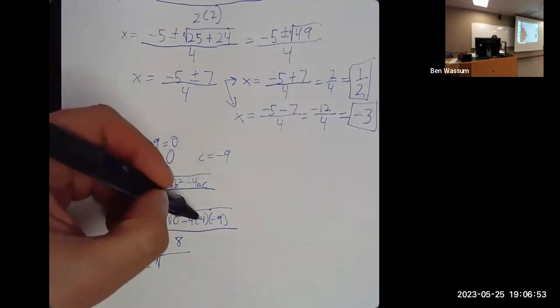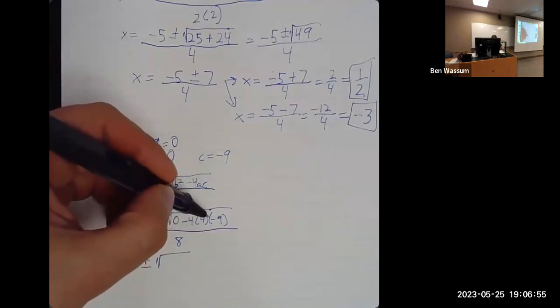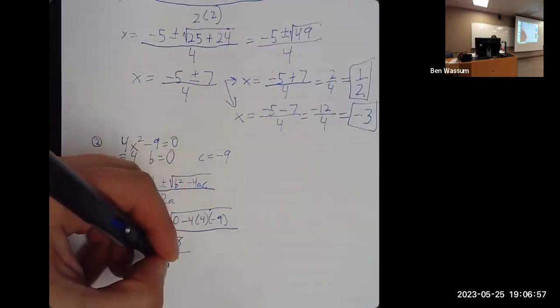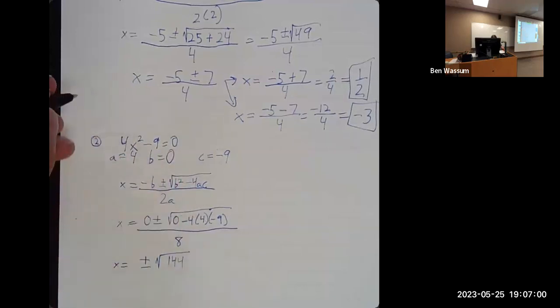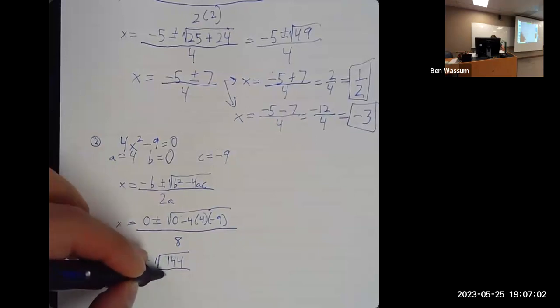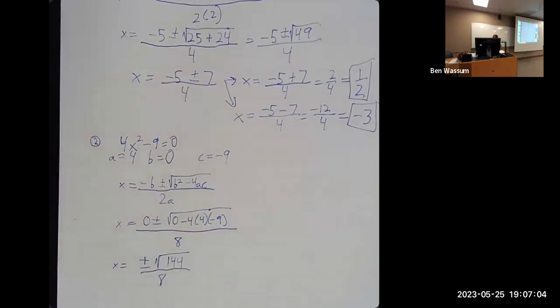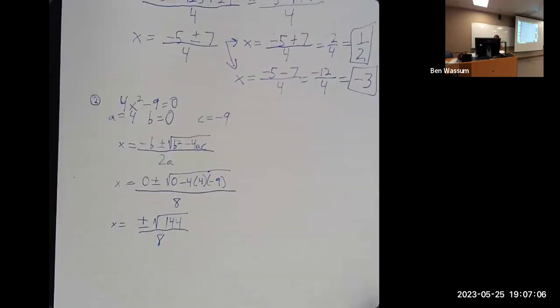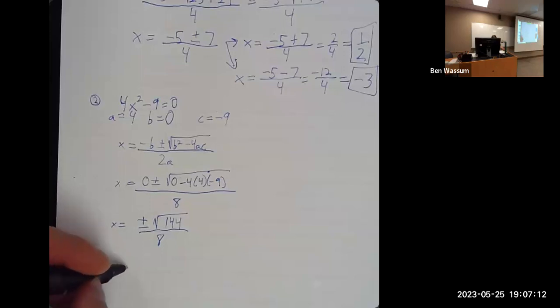So we end up with 4 times 4, which is 16, times 9, which is 144. That's still over 8. Well, square root of 144, that's 12, right? So we have plus or minus 12 over 8.